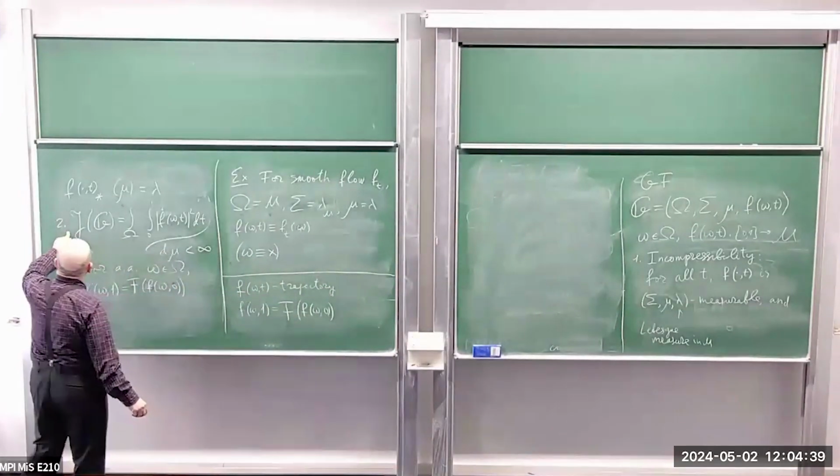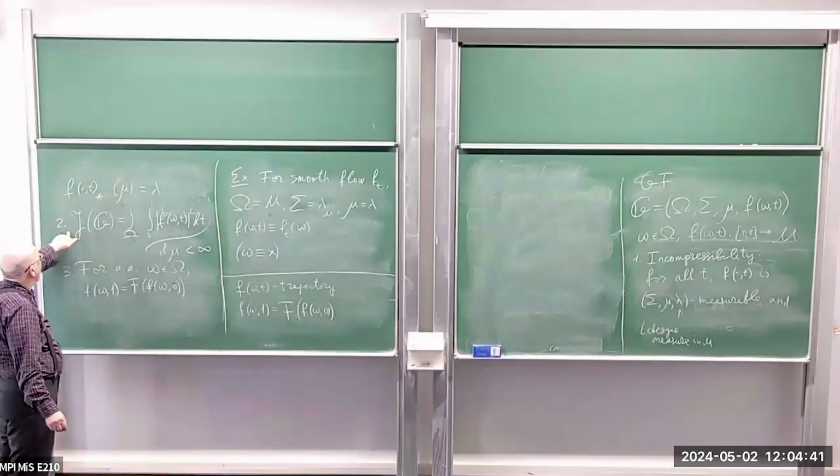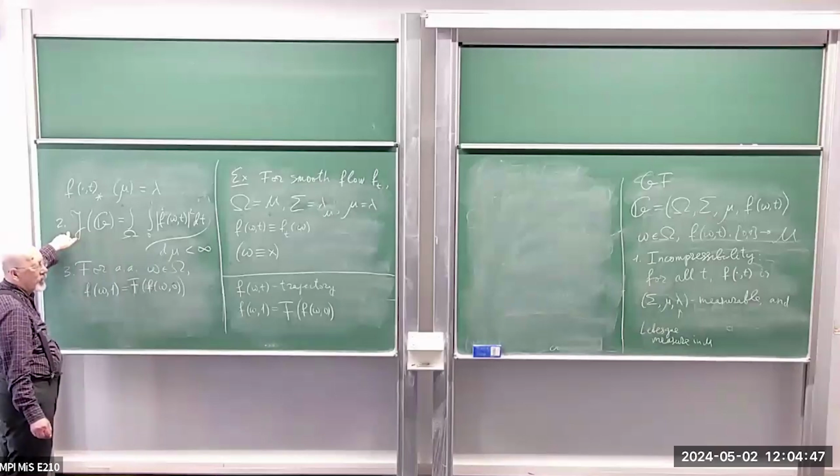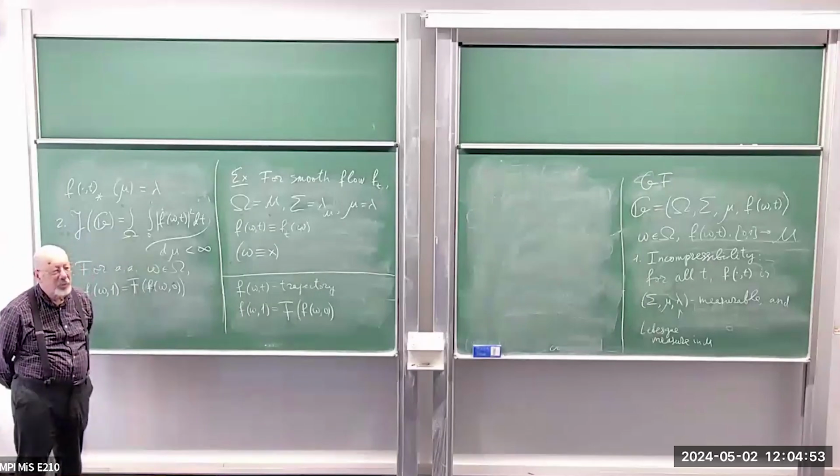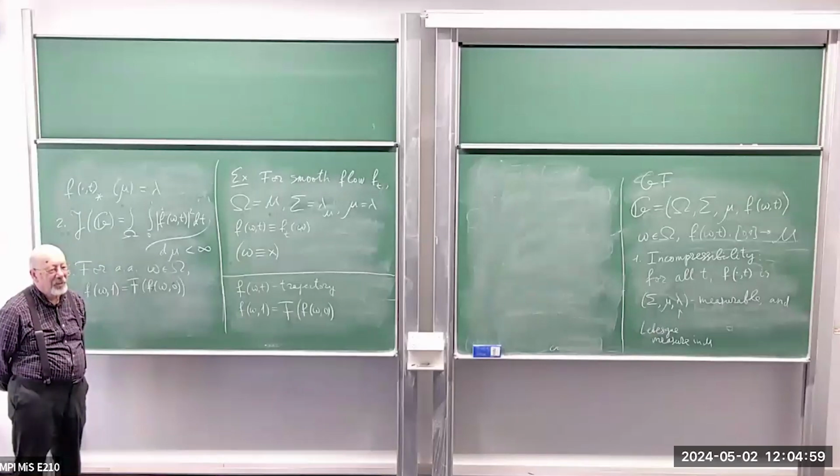The second axiom, you see, it is something quite unusual in random processes, because usually we consider a process like a diffusion process, when this action is infinite, like the Brownian motion.